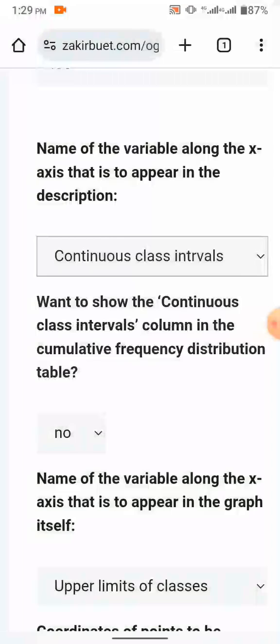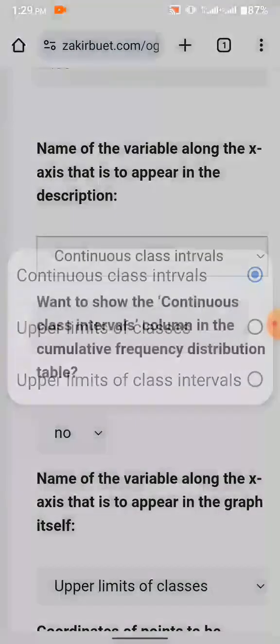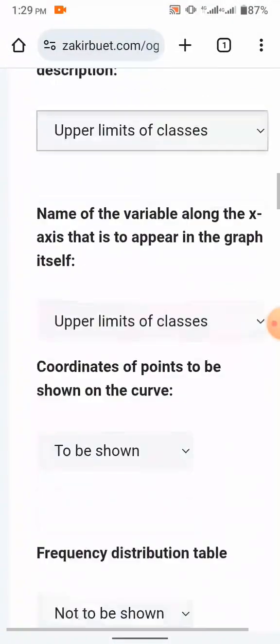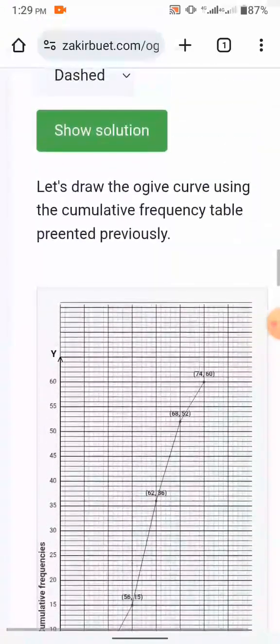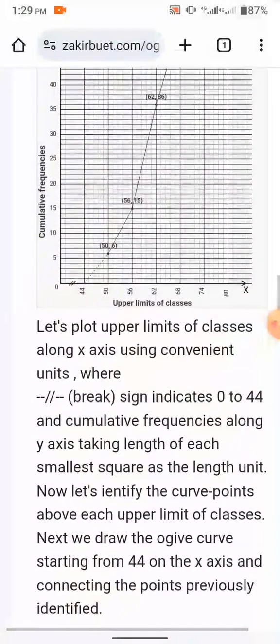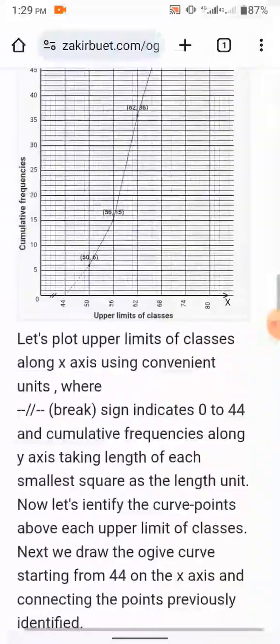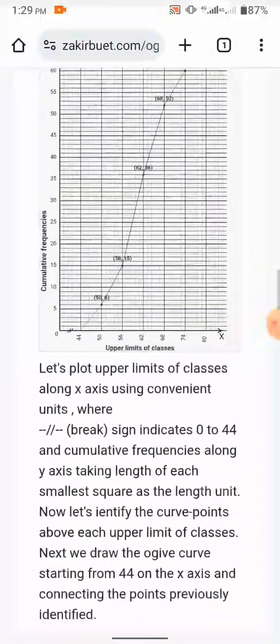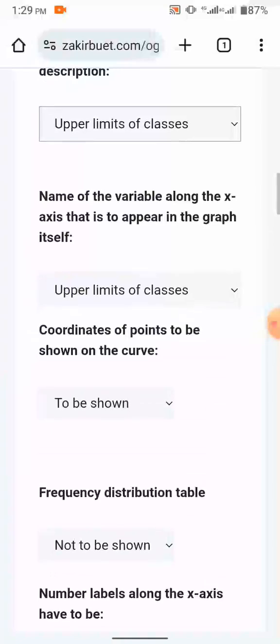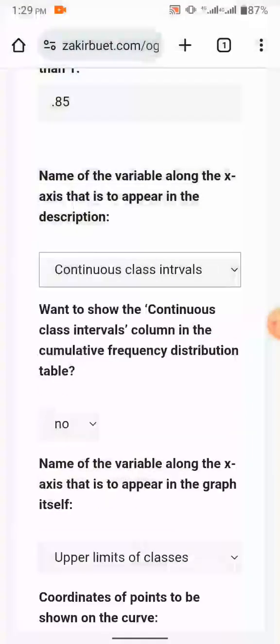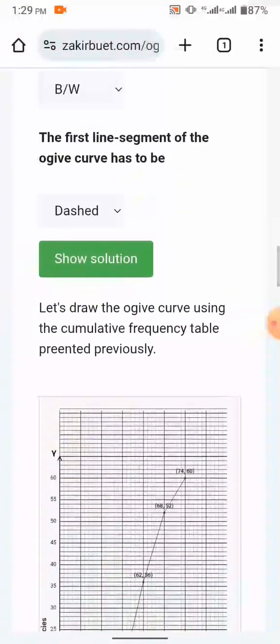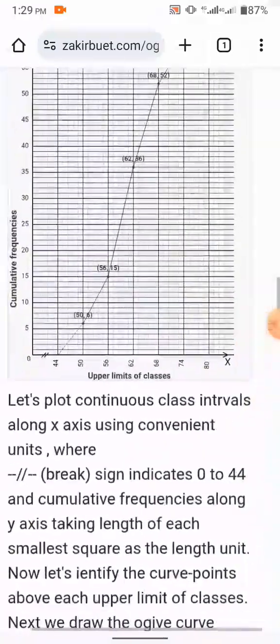So if you choose upper limits of classes, in the description you will see only this one. Let's plot upper limits of classes. See? But if you choose continuous class intervals, now you can see. Let's plot continuous class intervals.